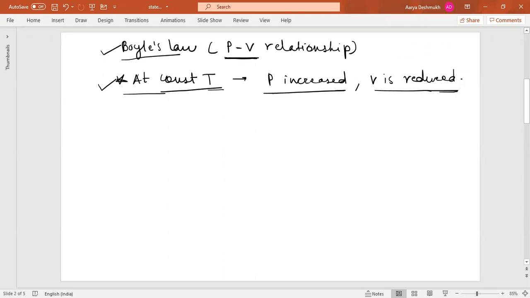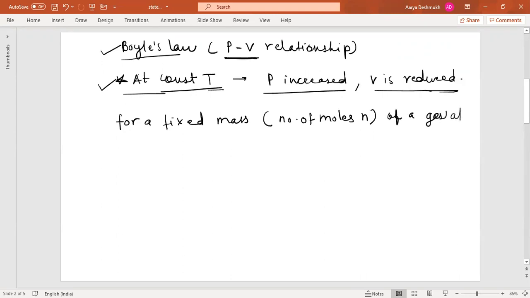So the statement of Boyle's law you can write: for a fixed mass, when you say fixed mass it means number of moles, n, of a gas at constant temperature.